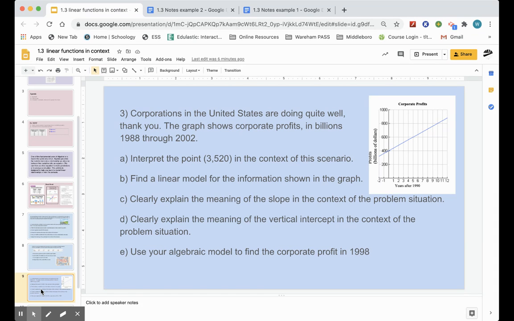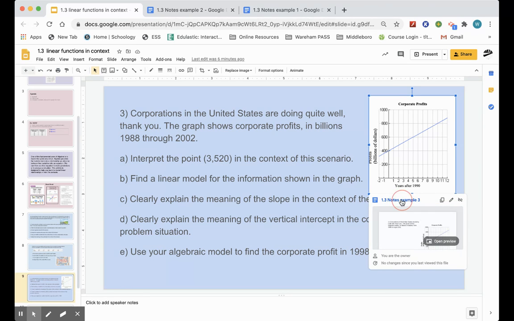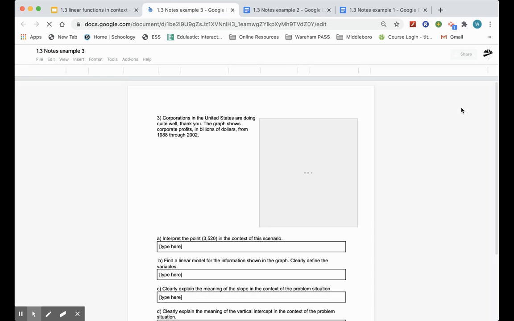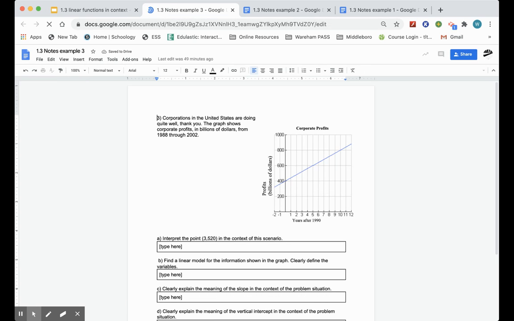The graph shows corporate profits in billions from 1988 through 2002, and we need to answer these different questions. Again, I built in the notes here. You're going to have to go into Google Slides and actually access it yourself so that you can submit it.